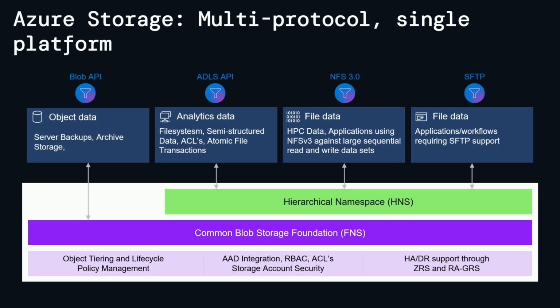So we're now saying there's no more Gen 2, it's just ADLS. And this is essentially your file system. It fully supports Hadoop semantics. It's a truly native file system in cloud storage. It's pretty cool. And then NFS for your file serving, and then SFTP for really old legacy systems.